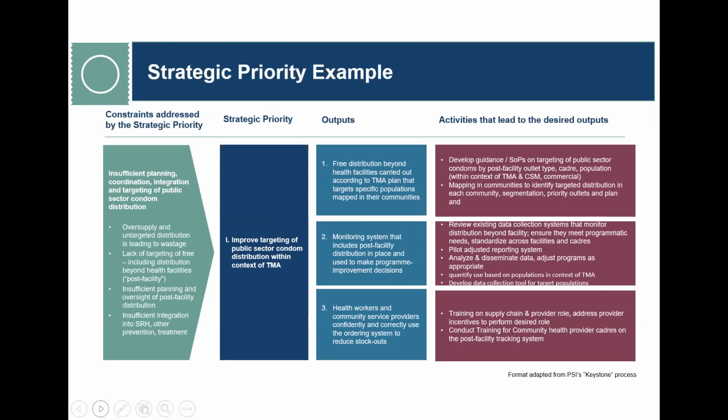The idea is that your plan can often be summarized in just a few slides like this, which lay out the key constraints, the strategic priority associated with that constraint, and then the activities that will address that constraint. That provides a quick way for any stakeholder or manager to understand what the plan is about. Again, the emphasis is on something that is practical, operational, useful.